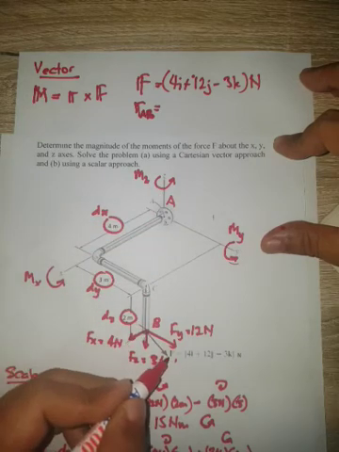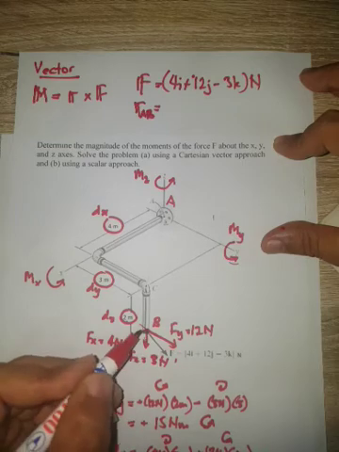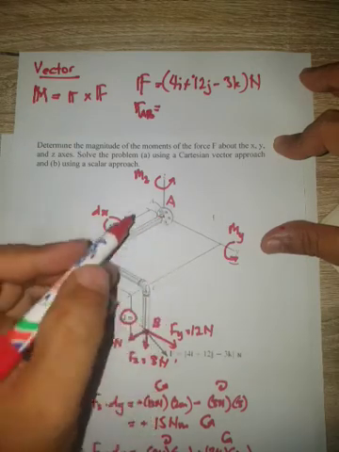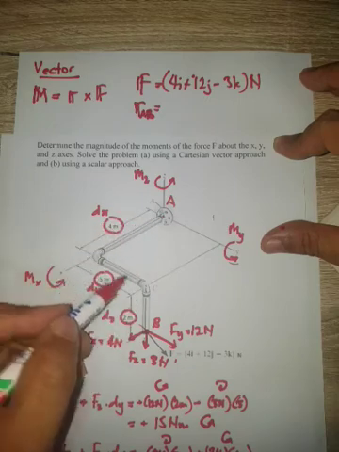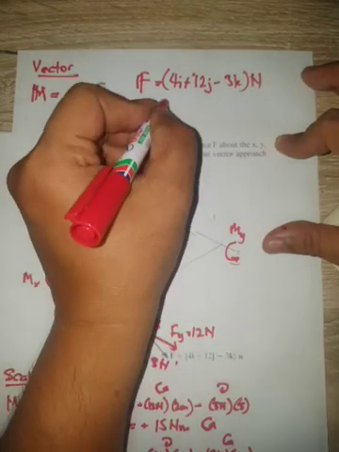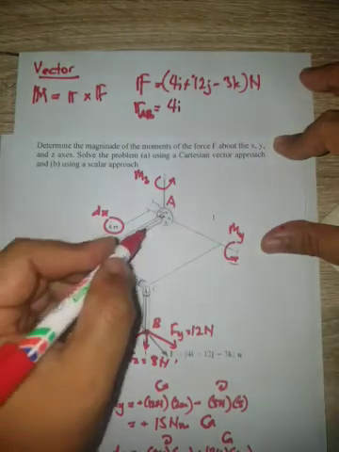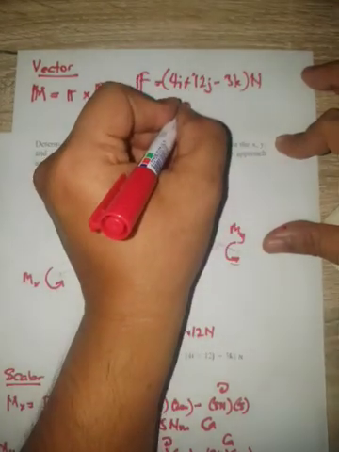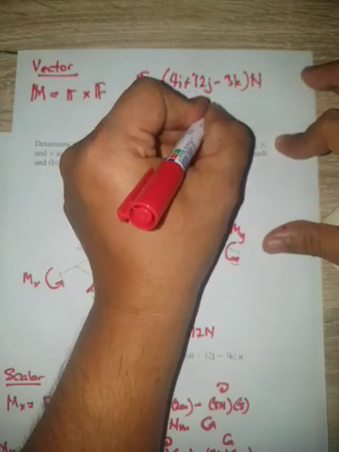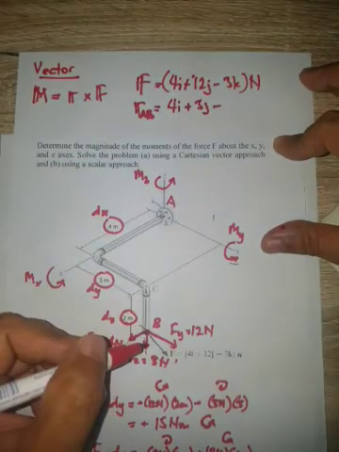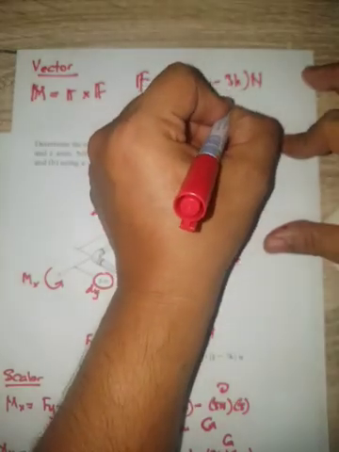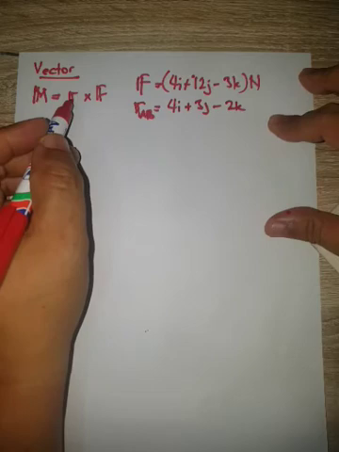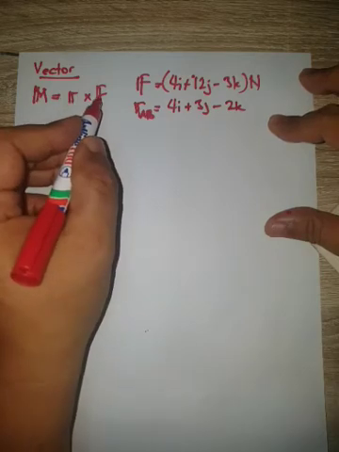Because F is crossing point B, we need to find the position vector from A to B. So it's going to be x, y, and z. The x is 4i to the front, positive, and to the right, y is plus 3j, and going downward in the z axis is minus 2k. So we have determined the position vector and the force vector.